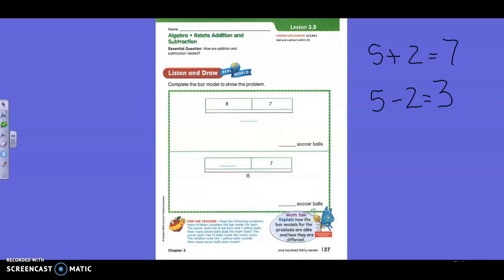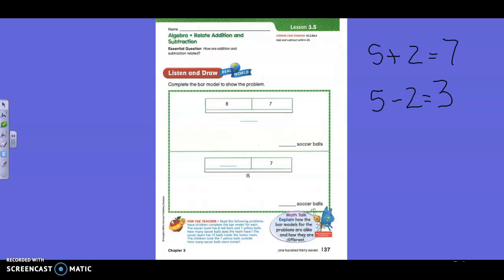Okay. Here's another problem. The soccer team has 8 red balls and 7 yellow balls. How many soccer balls does the team have? 8 red balls, 7 yellow balls. So how many does it have? What are we going to do here, boys and girls?